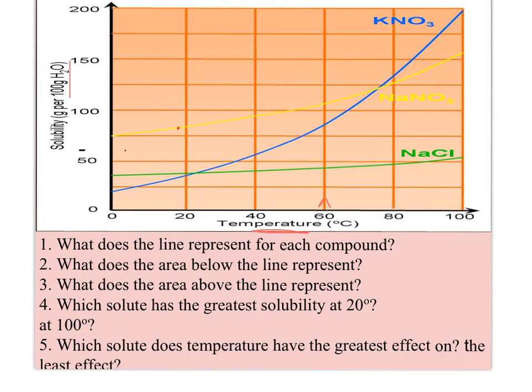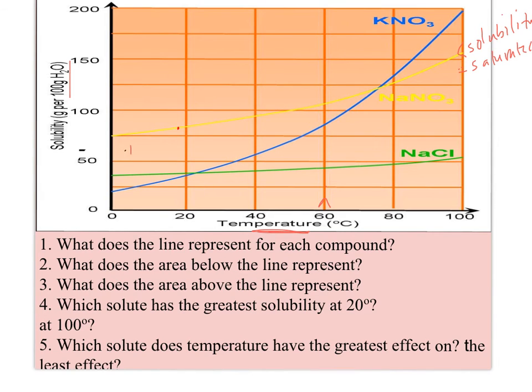So the lines themselves, that is the solubility. That's the maximum amount. That's where saturation occurs. If you put in the amount that the line represents, that is the saturated amount.